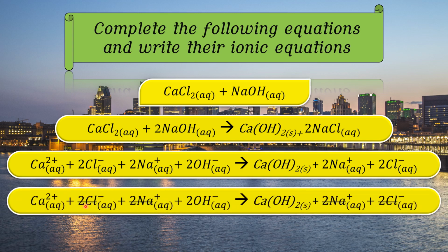So after eliminating the chloride ions on both sides, and then the sodium ions on both sides, we are going to remain with calcium ions and hydroxide ions, and then this side we shall have calcium hydroxide, a precipitate. So those are the ones that we are going to put in our ionic equation.